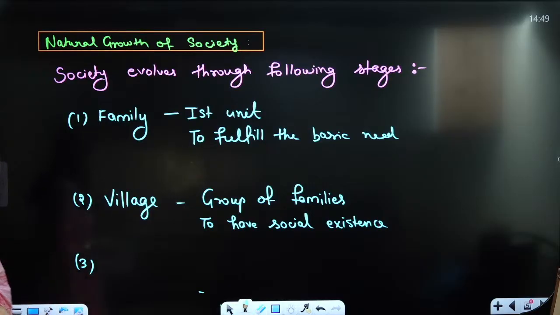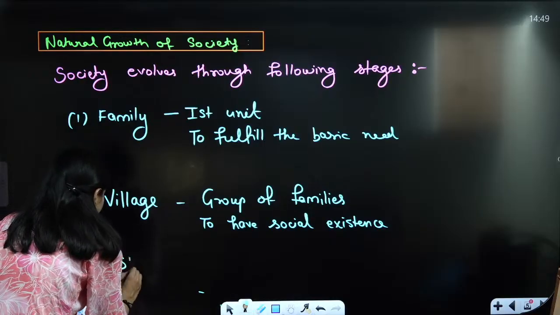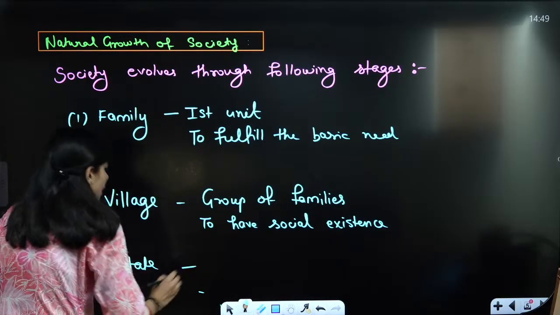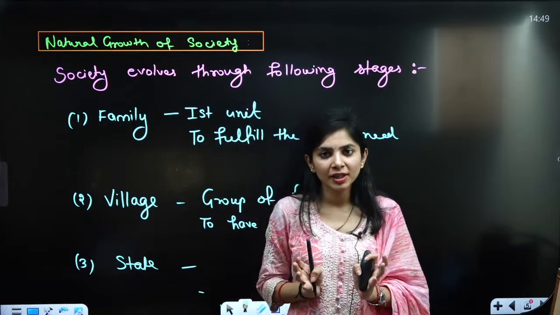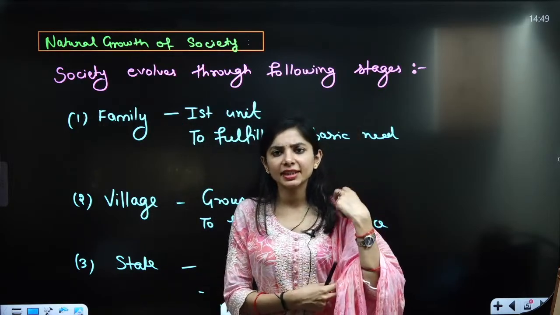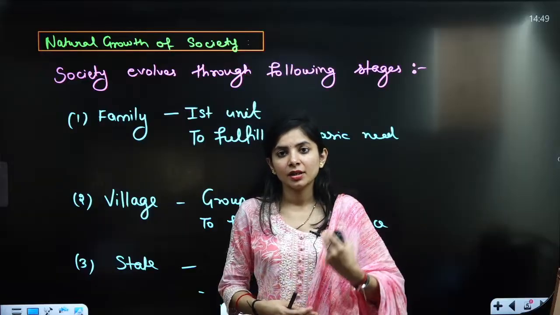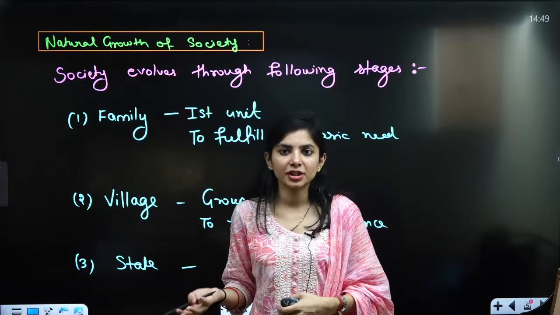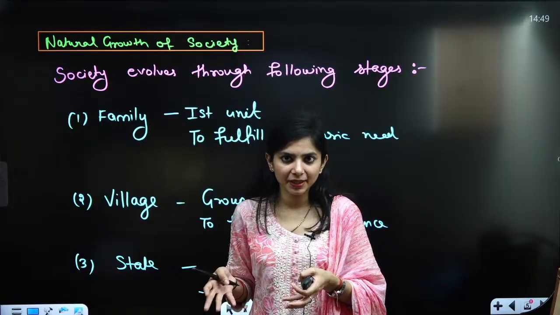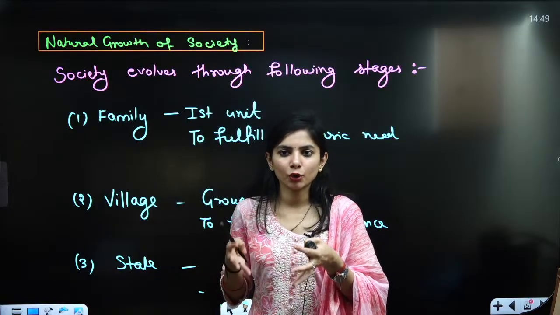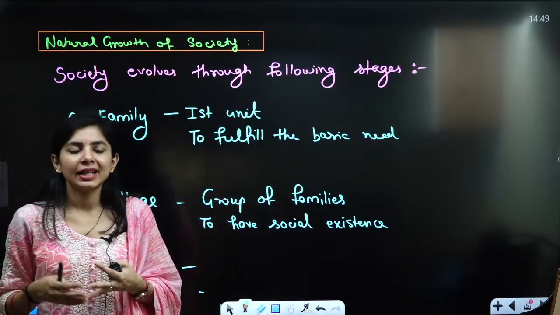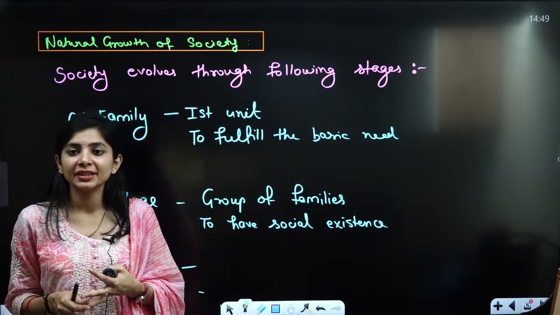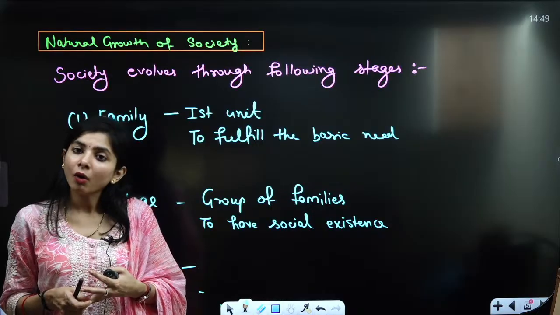Now the third point which is specified is the state. Why? Because once you start becoming a part of a large group, then fights and other things start emerging. As a solution, you require some sort of discipline, some sort of order, and you are ready to be subordinate to someone.